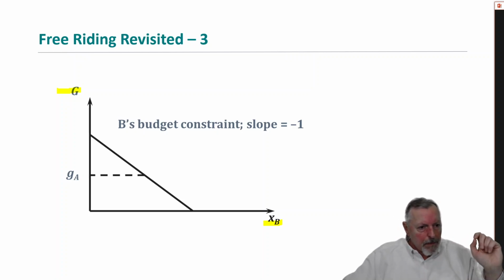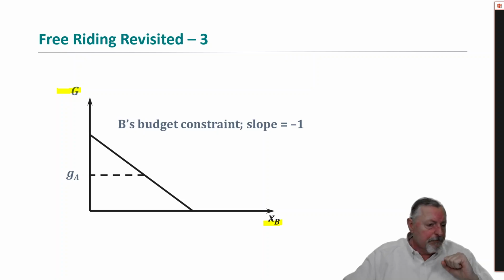So, with this budget constraint, person B can exchange public good and private good for any of these points. If person B wants to spend all their money on this commodity, they would be here. All their money on that commodity, they would be here, if they were normal goods, not public goods. And any combination in between.